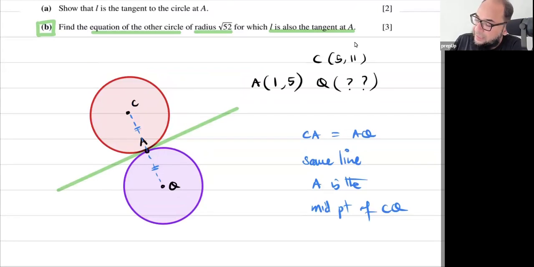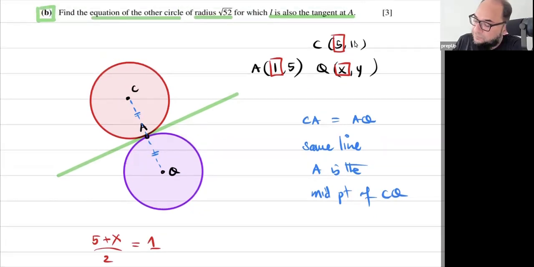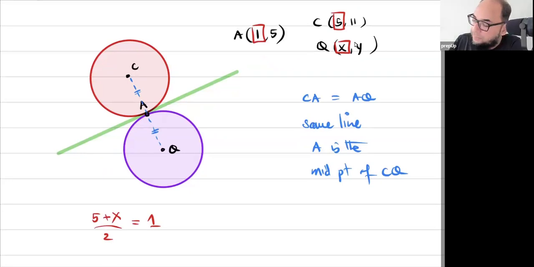So now let's take the x coordinate and let me write x comma y over here for Q. We have this x, and this is 5. So 5 plus x, the average, equals 1. And then let's talk about the y coordinate.